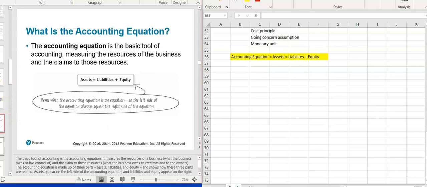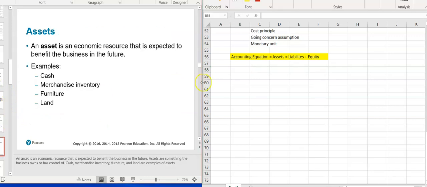Okay. So let's talk a little bit about what each of these items are. All right, we've got the 3 main elements: assets, liabilities, and equity. So assets, these are basically things that you own and use in the business.